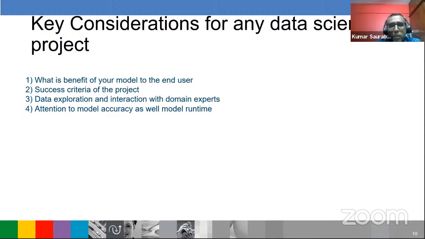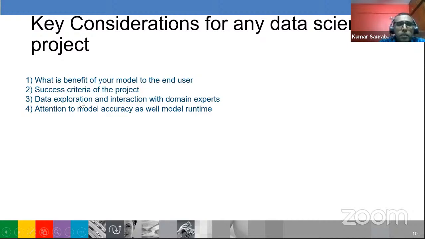From the business level, the success criteria could be: before I implement any AI solution, how many outages or incidents was I seeing in the IT infrastructure, and after this data science or AI project has been implemented, how much reduction am I seeing in the unplanned outages? That would be success criteria at a business level, right? So that is something we should define whenever we are getting into a data science kind of project. We should be able to define when we will call this project a success from the model perspective as well as from the business perspective, right?